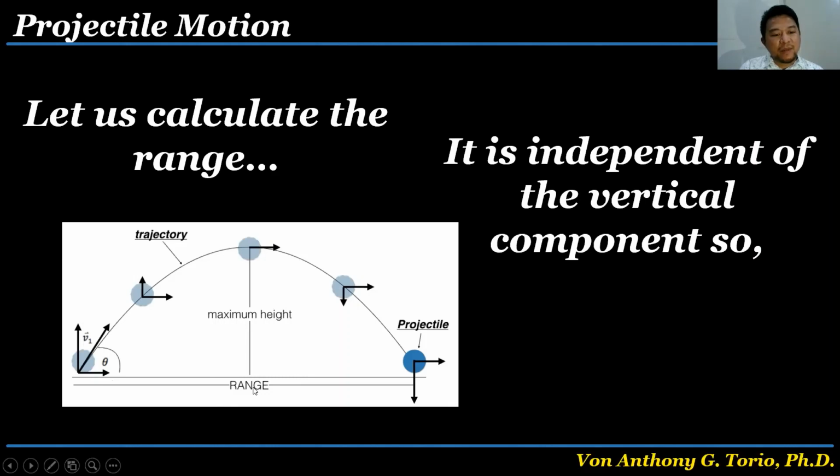The range simply is dependent upon the constant velocity of the projectile and the time it takes for the projectile to move from one position to another position. So essentially, the equation is simply R is equal to v naught x t. R again is the range, which is the horizontal displacement, and v naught x is the initial velocity along x multiplied by the time it takes for the projectile to move from one position to another.